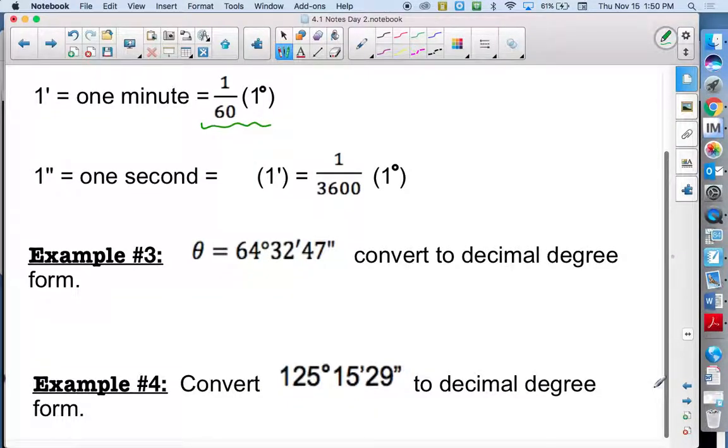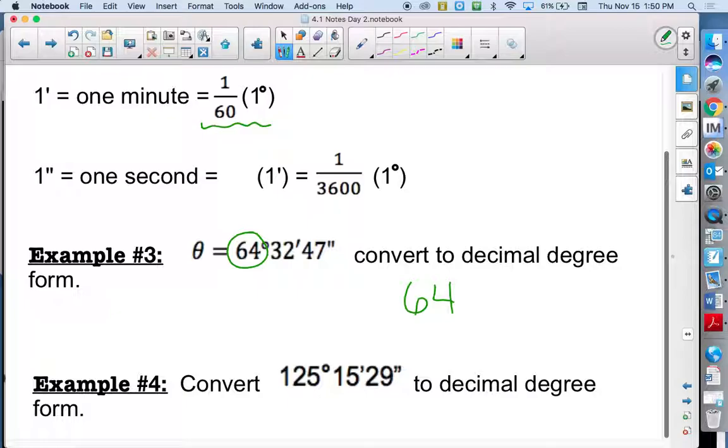How do you think you try and convert that to a decimal? Like we know this part here is the degree value. So we know we have to have 64 degrees. But the 32 minutes, the 47 seconds, how would we take that and try and convert it to a decimal value?